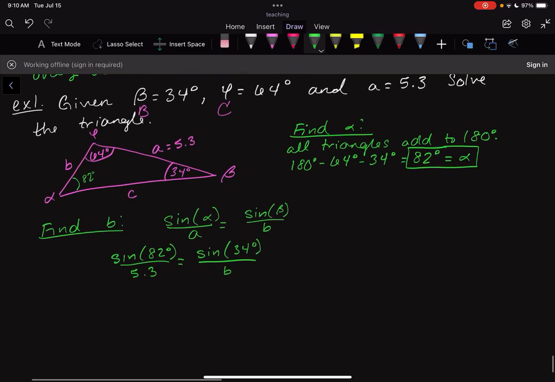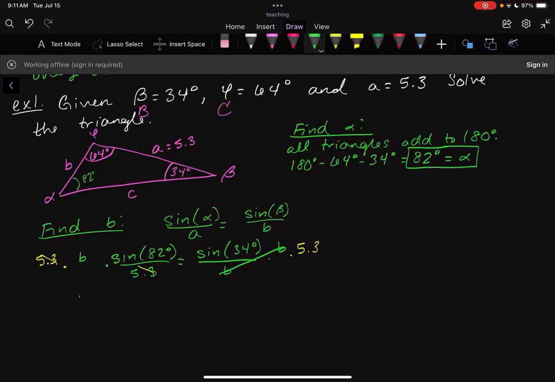And so we're going to need to do a little bit of algebra here. You may know this as cross multiplying, but what we're going to do is multiply each one by the other's denominator. So I'm just multiplying both sides by the denominators. Or you can think of this as cross multiplying, whatever you prefer.